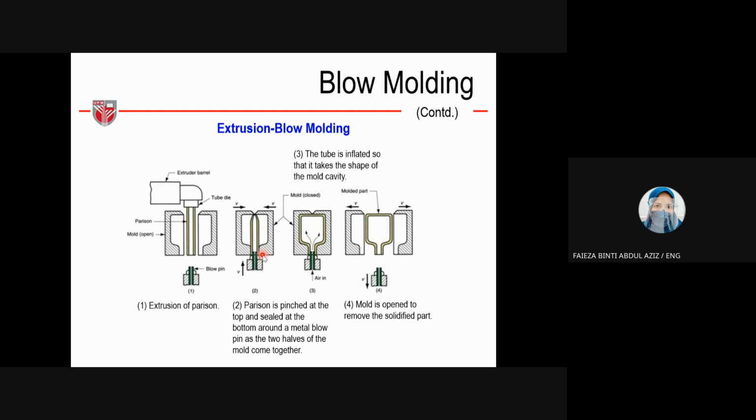Then number three, the tube is inflated. Just now it was like this, so now it's inflated so that it takes the shape of the mold cavity. Finally the mold is opened to remove the solidified part. So it already solidified.